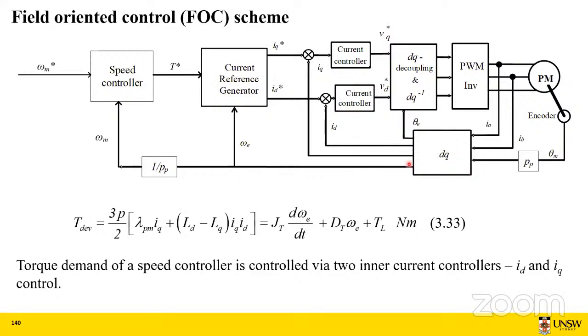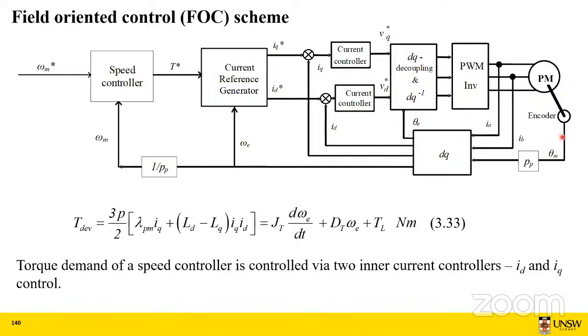All these controllers and everything nowadays sit in a microprocessor. These are like codes, because all these things can be done in the microprocessor. Nowadays hardly anyone uses hardware PI controllers, it's all software.